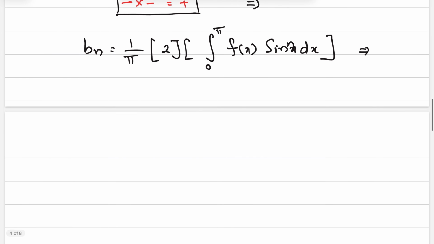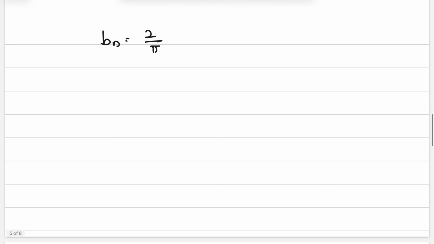That implies b n is equal to 2 by pi times the integral 0 to pi f(x) sin nx dx.